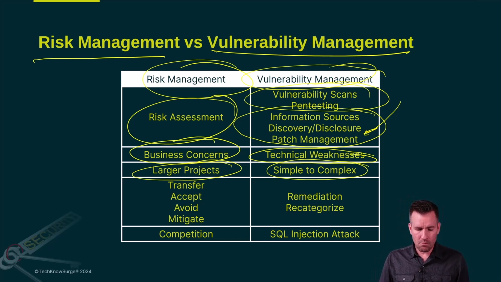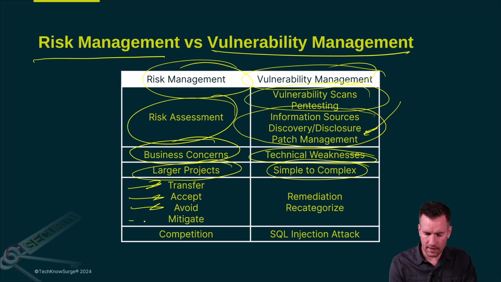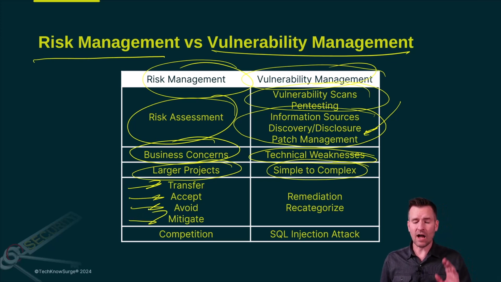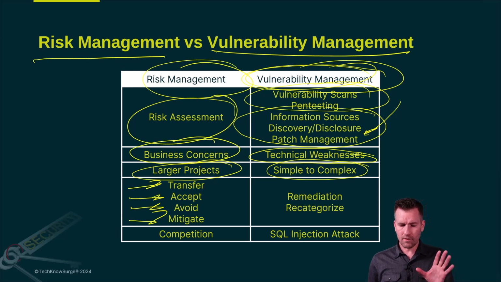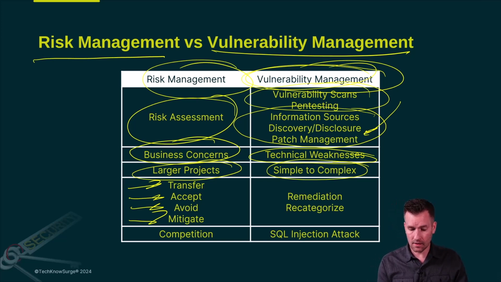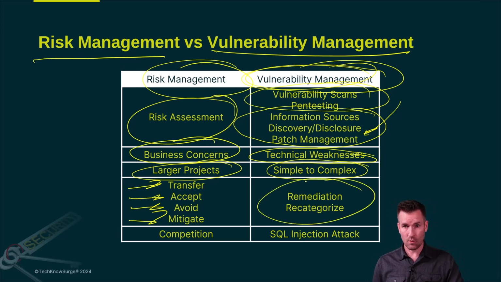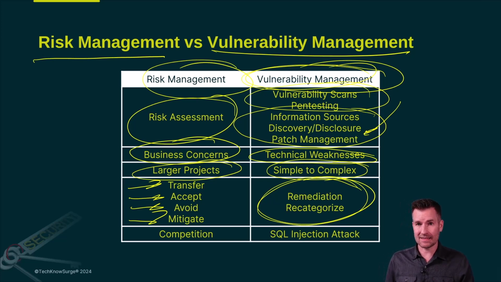From a risk management standpoint, we might transfer the risk, accept the risk, avoid the risk, or mitigate the risk. These are all applicable to vulnerability management as well, but generally speaking, the two things we really do in vulnerability management are we either remediate it, meaning fix it, do away with it, make it so it's not a vulnerability anymore, or we recategorize it. I'm going to get more in depth into that in another lesson as well.